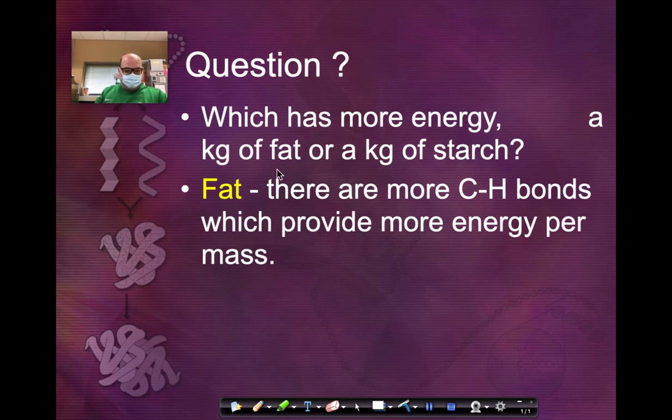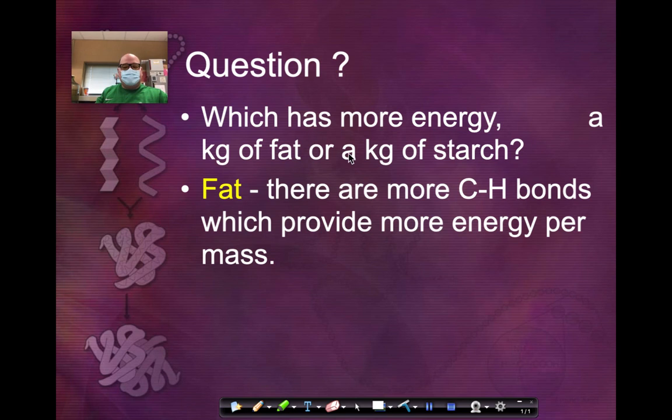If you were going to start watching what you eat, there are lots of debates out there about where you should get your calories from. But we can definitely say that fats have a lot more calories of energy than starches do.